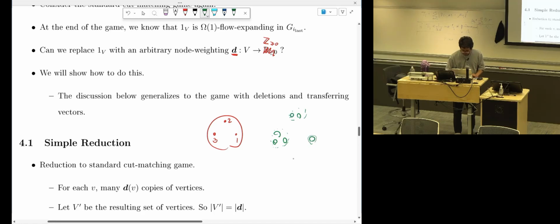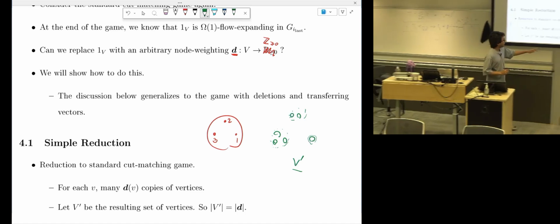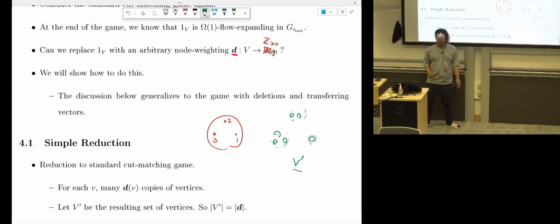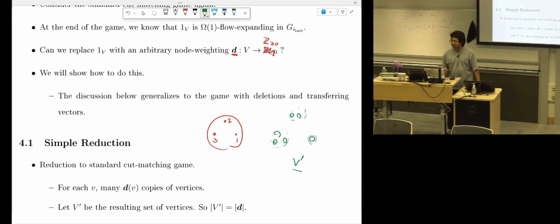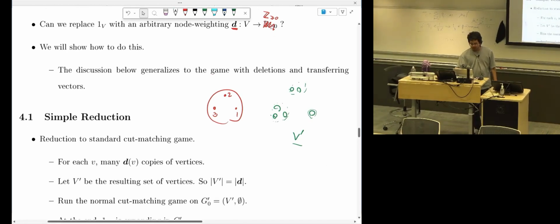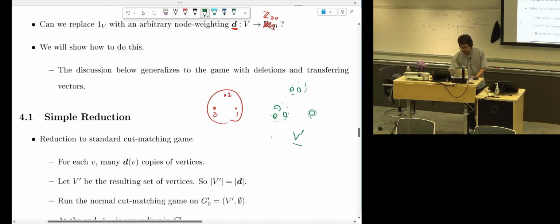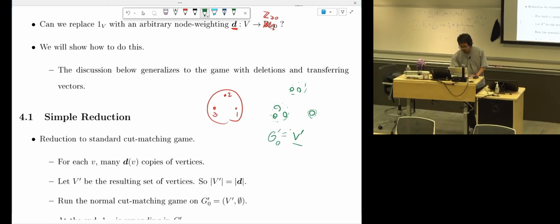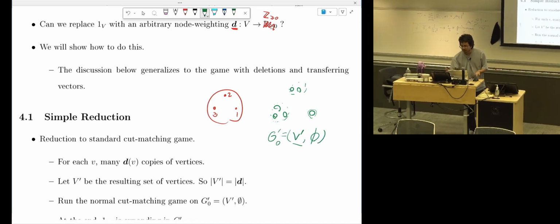Now I'm gonna call this thing V prime. So the size of V prime is exactly the size of D. And then just run the cut matching game on this graph G prime 0, where we start with an empty graph.